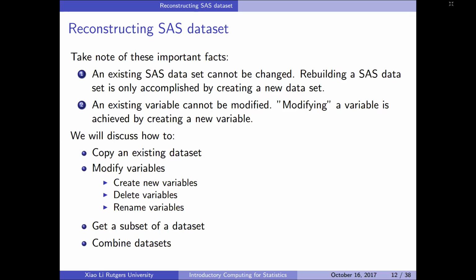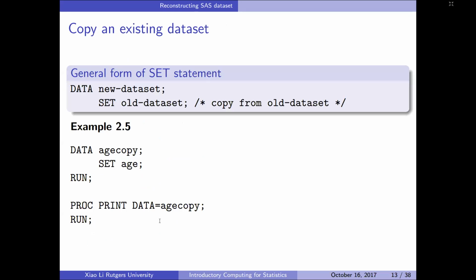We will also talk about how to modify variables, which includes three different parts: how to create new variables, how to delete existing variables, and how to rename existing variables. We will also talk about how to select a given subset of a data set. And the final part is about how to combine several different data sets into one.